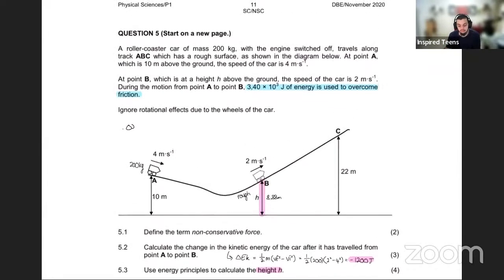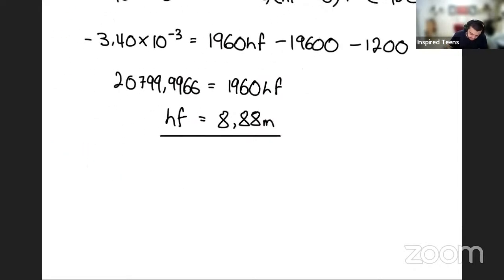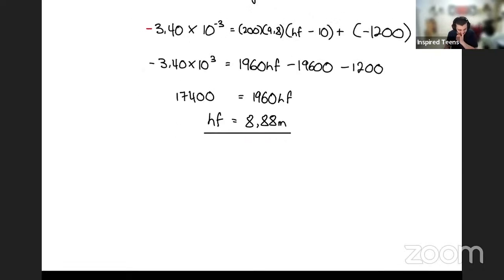It's 3. Maybe I was using negative 3. Yeah, correct. Thank you for that. 17400 divided by 1960, and yeah, you get 8.88. So that's correct. Thank you.